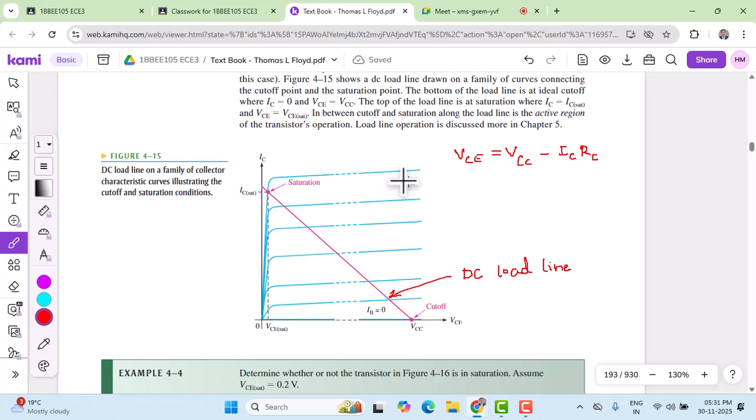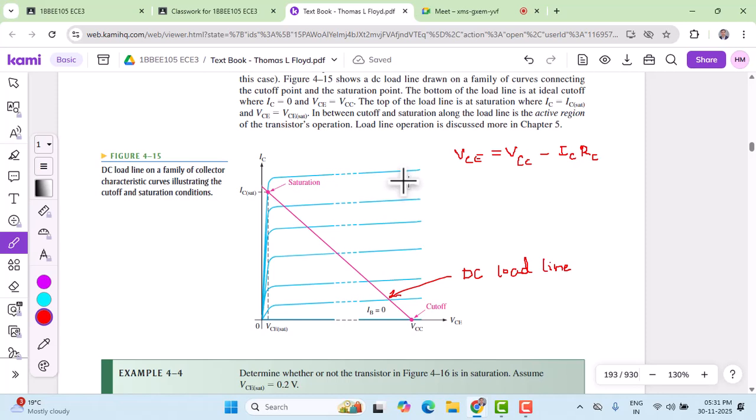The base power supply given is 3 volts, RB is 10 kilo ohm, RC is 1 kilo ohm collector resistor. Beta DC of the transistor is given as 50. Collector power supply is 10 volts. With all these given values, and the saturation collector emitter voltage given as 0.2 volts, we should check whether the transistor is really in saturation or not.